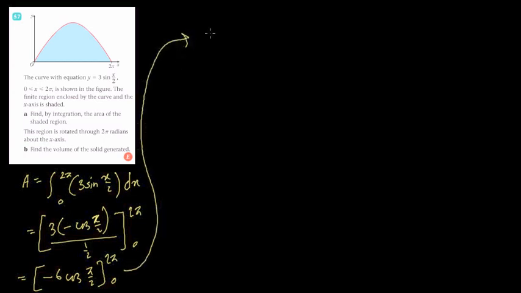So this means we can write 3 divided by half is going to be 6. So minus 6 cos x by 2, from 0 to 2 pi. If I put the limit, 2 pi would be minus 6 cos 2 pi by 2 minus 6 cos 0 by 2, which is 0.